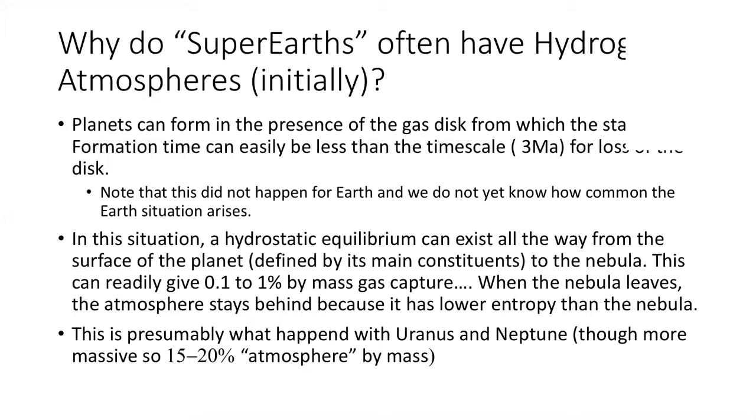So here's the main point. If you build a planet, a terrestrial planet, a rocky planet, in the nebula from which the central star is forming, and do it quickly enough, and the data say about 3 million years, then of course the planet has formed in the presence of the hydrogen nebula, and there will be a hydrostatic solution that extends all the way from the surface of the super-Earth all the way out to the nebula.